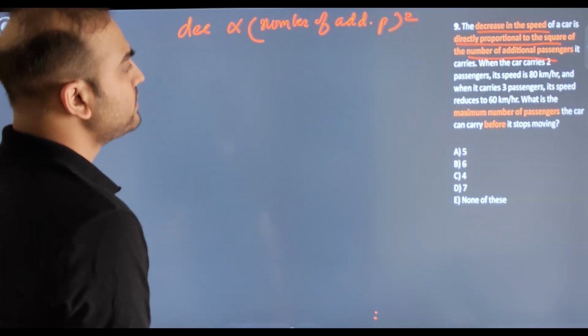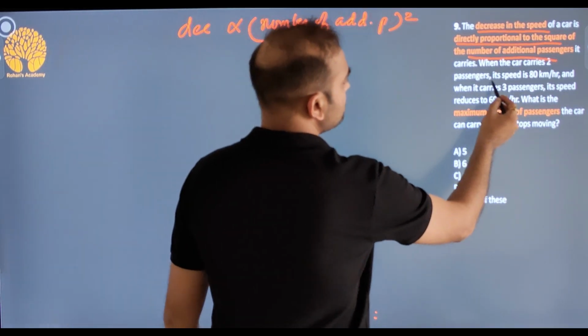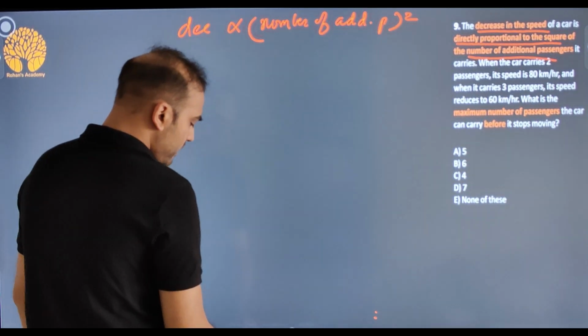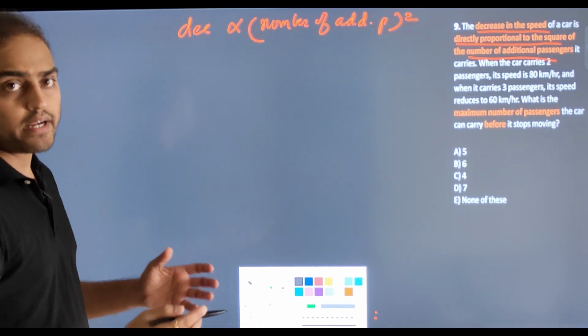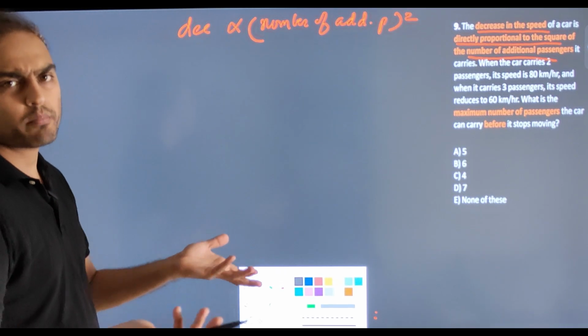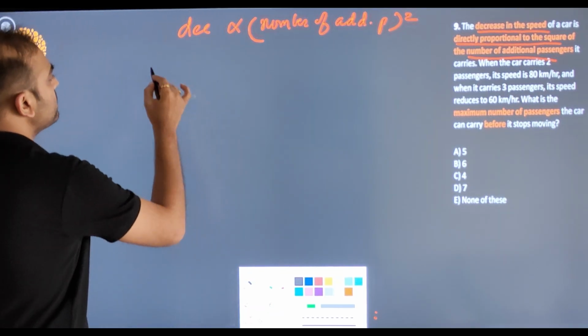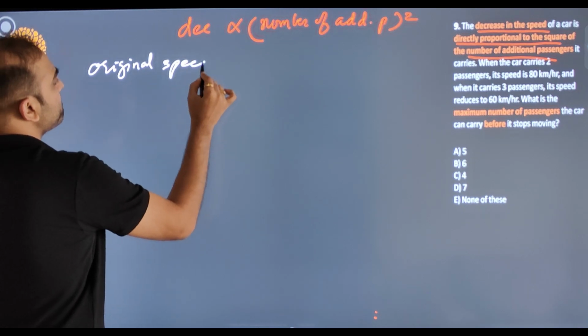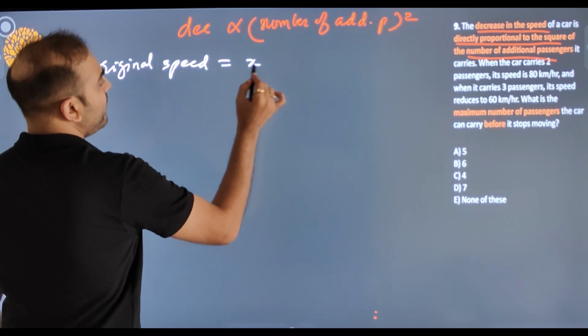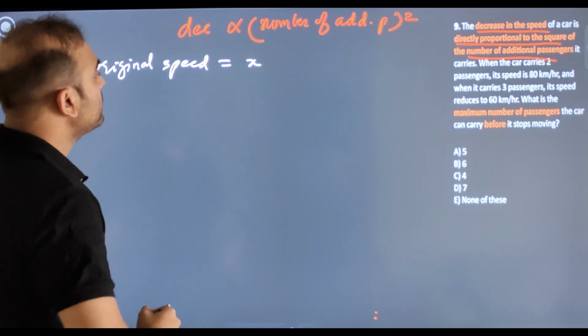Now it says when the car carries 2 passengers, the speed is this. Say the original speed, when the car carries nobody, let the original speed be x.